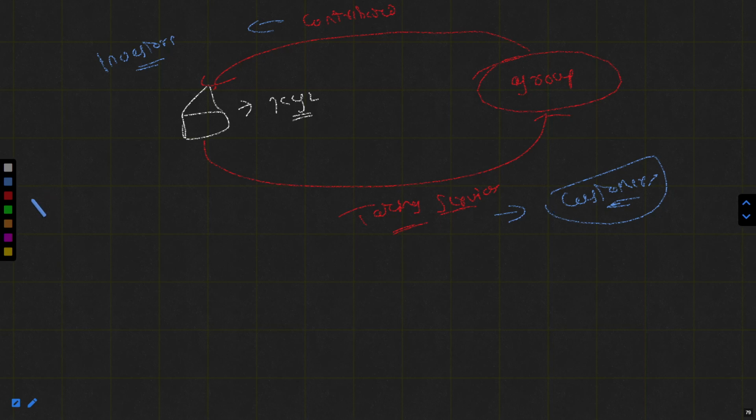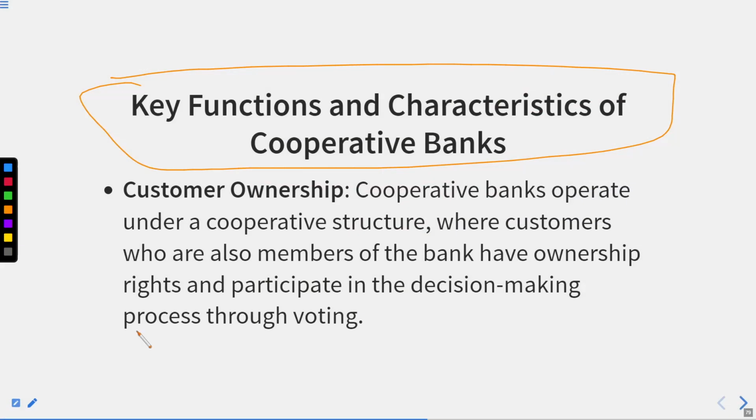So they are the stakeholders or the shareholders. All right, so we can say these banks have customer ownership, where the customers are also the members of the banks. And because they own the share or the stakeholding, they have the rights and they participate in decision making through the voting process. Got it?